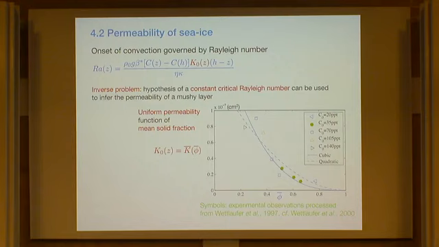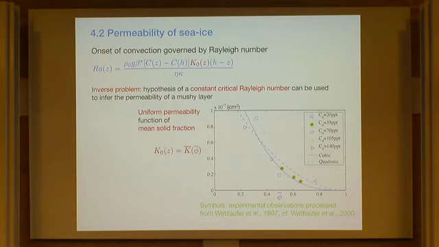So first way, here's our expression for the Rayleigh number. What we can do is assume that at the onset of convection, we know C, we know H as we can measure it. These are just constant material parameters. And we're going to assume that the Rayleigh number, maybe the maximum over z of the Rayleigh number, or the Rayleigh number across the whole layer, it doesn't really matter which, is equal to some critical value.